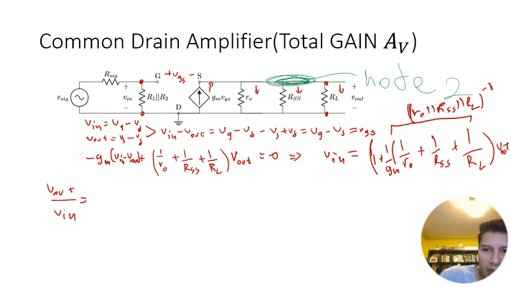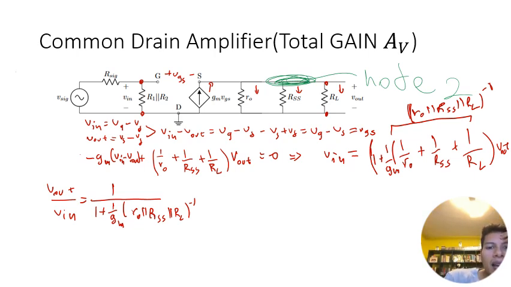And so I get that V_out over V_in is just equal to 1 over 1 plus (1 over gm) times (ro in parallel to Rss in parallel to RL) to the -1 power.